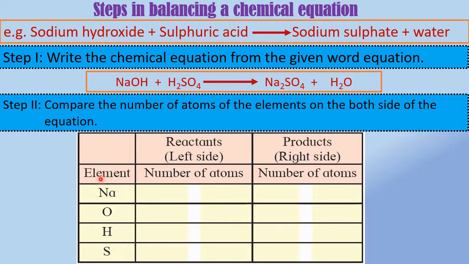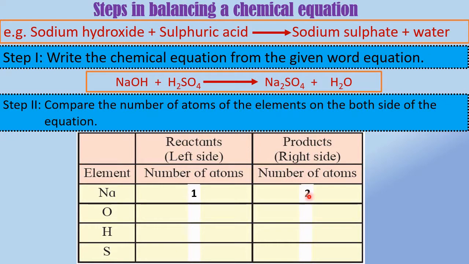Now we have to write the number of atoms of all these elements on the reactant side and on the products side. So here number of atoms of sodium on reactant side is 1 and the number of atoms of sodium on product side are 2.